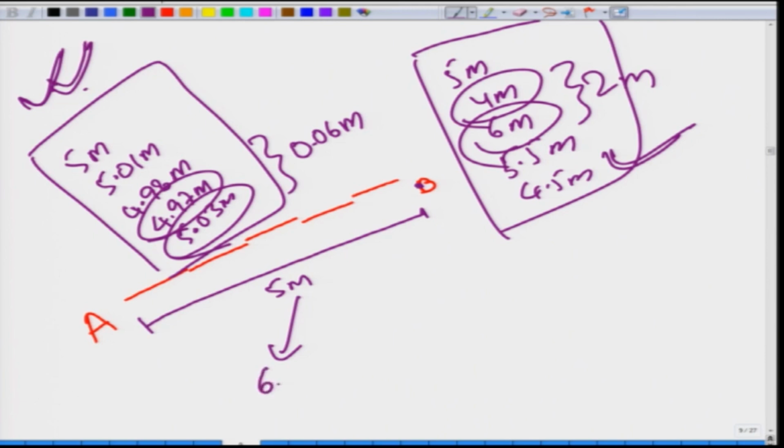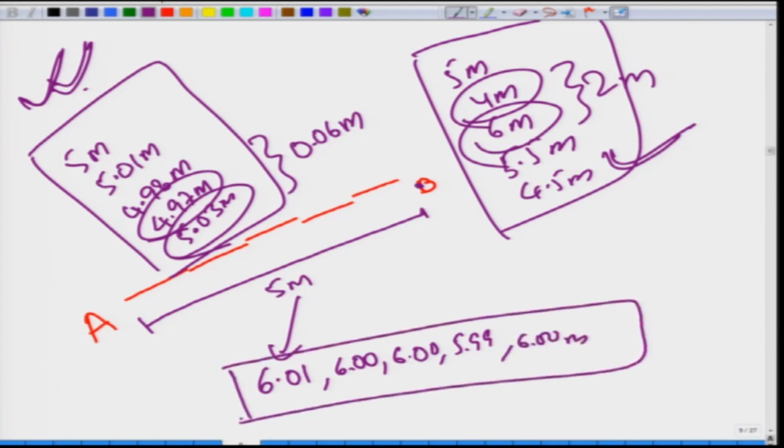Let us say that he measured 6.01 meters, 6.00 meters, 6.00 meters, 5.99 meters and 6.00 meters. Now, these readings are extremely precise because the difference between the lowest and the highest values is 0.02 meters.